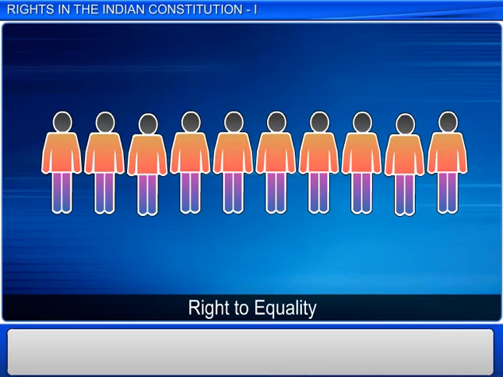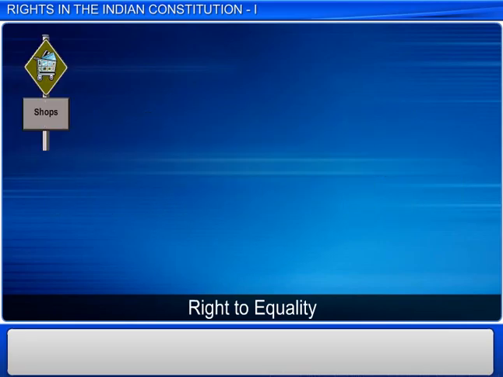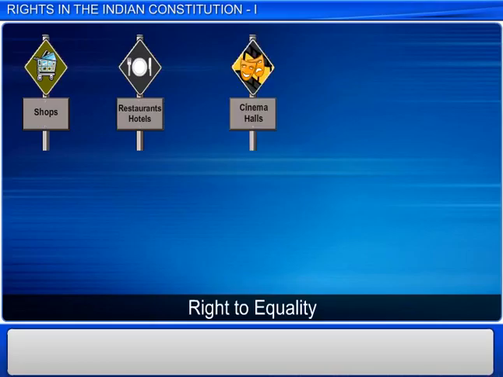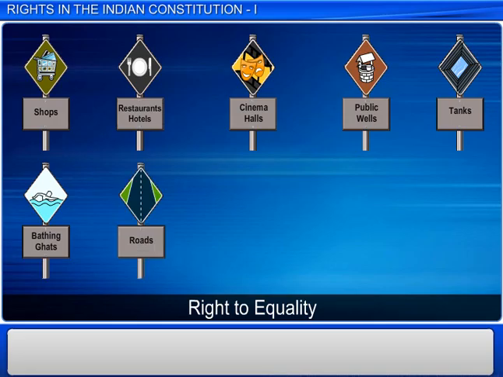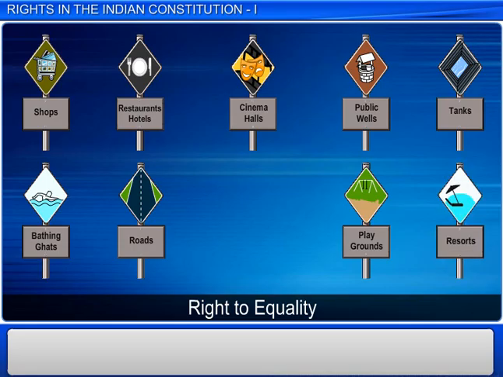Every citizen has the right to access all public places, such as shops, restaurants, hotels, cinema halls, public wells, tanks, bathing ghats, roads, playgrounds, and places of public resort maintained by the government or dedicated to the use of the general public.